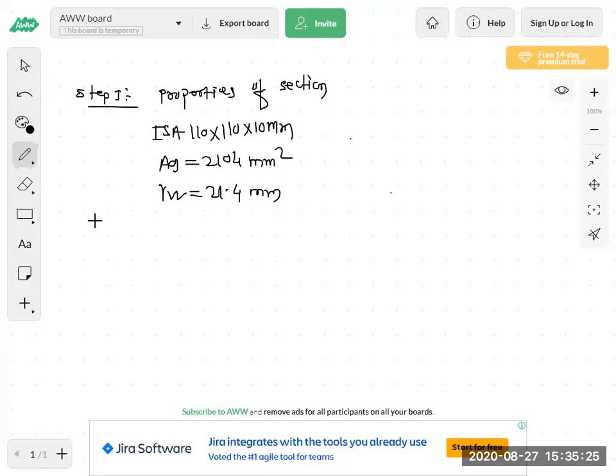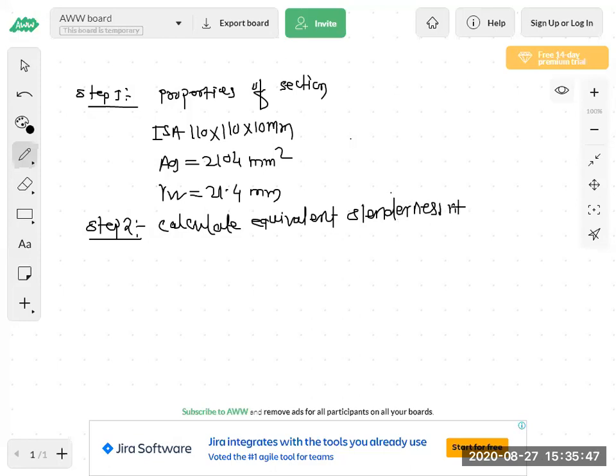So this was the step 2 we have seen, and step 2 is to calculate the equivalent slenderness ratio, that is lambda e.